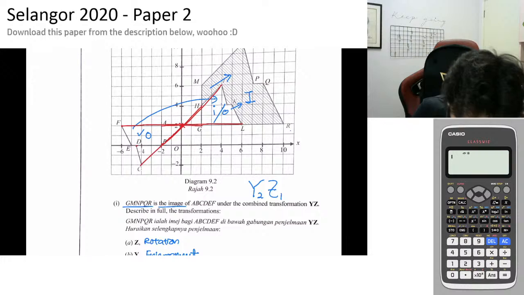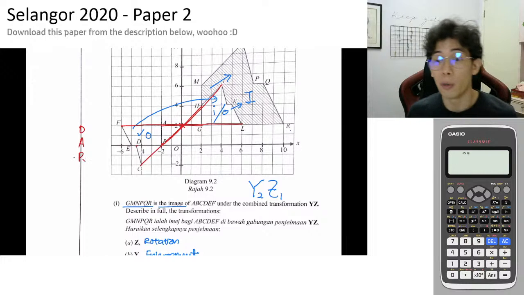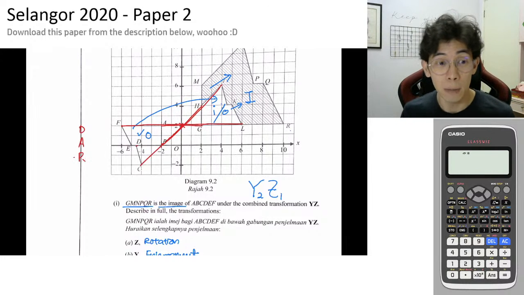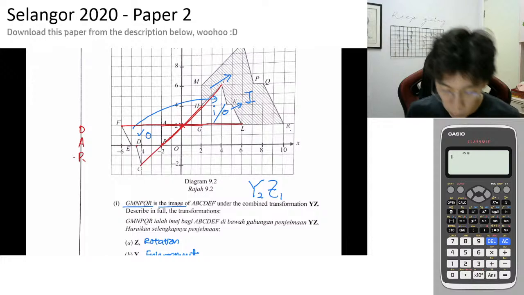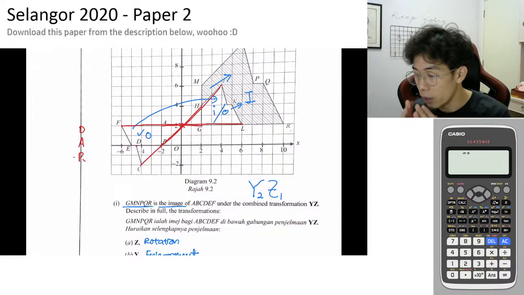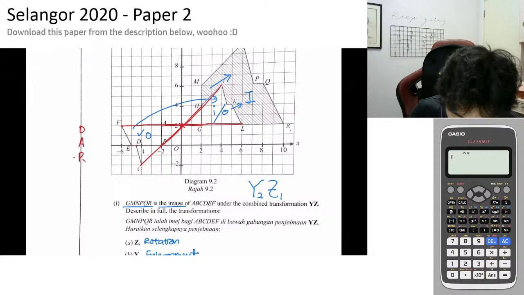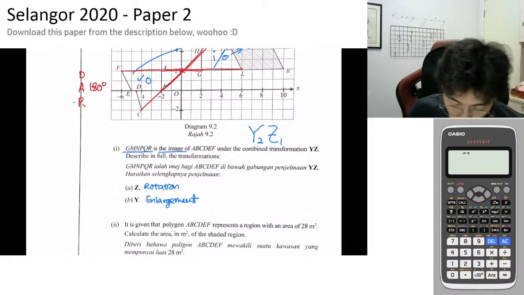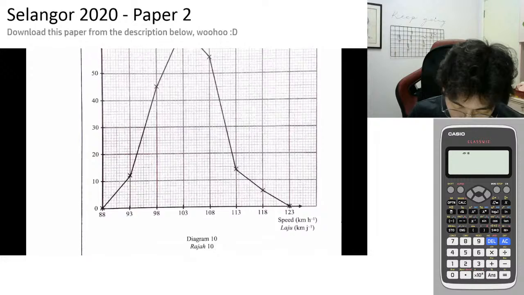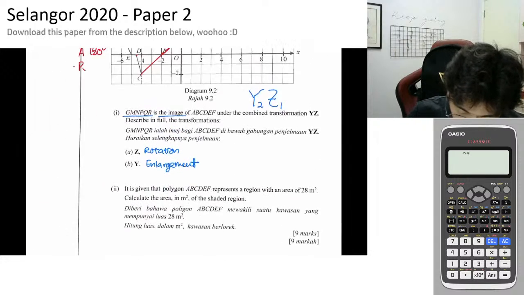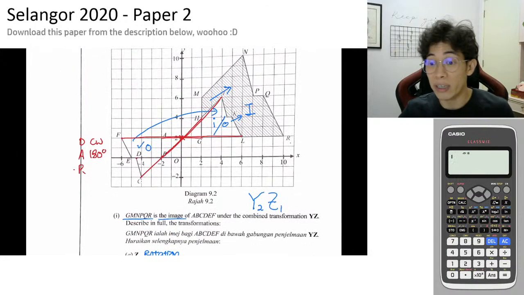So I put rotation, you have D, A, and R, everyone. D, A, and R. The first thing is your direction. For 180, you can turn anywhere. So I put 180 degrees. And then your direction, you can do clockwise, you can do anti-clockwise, anything.